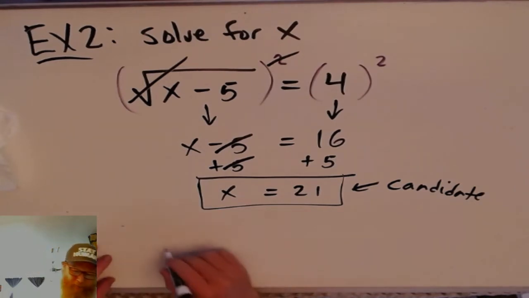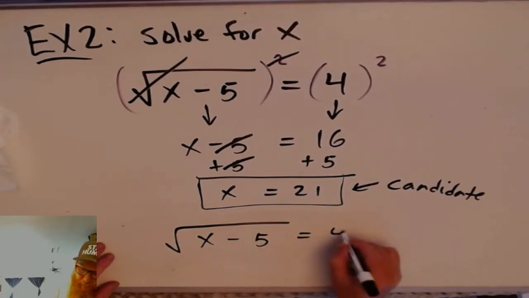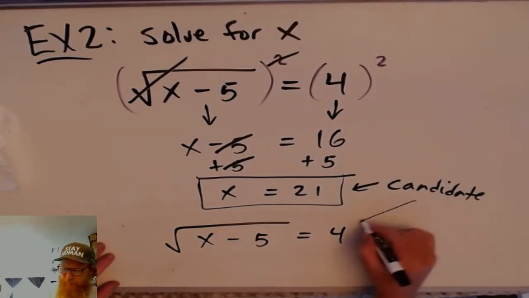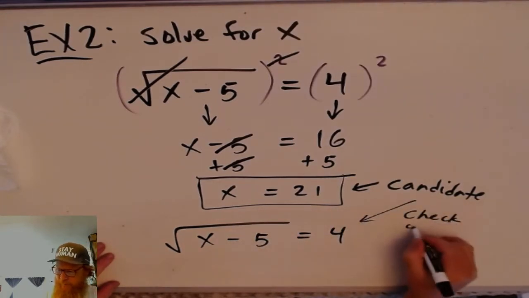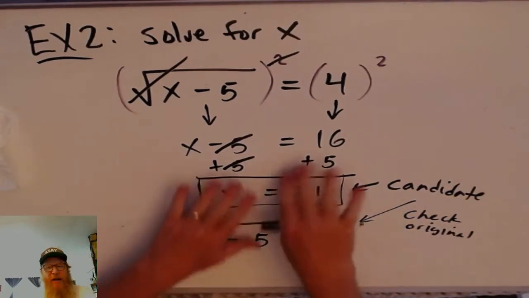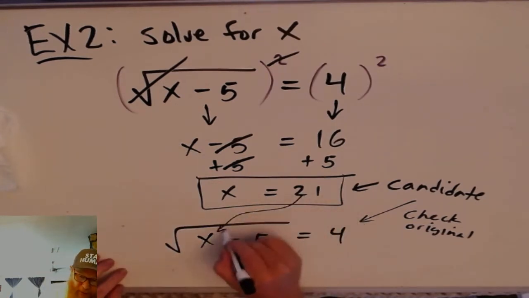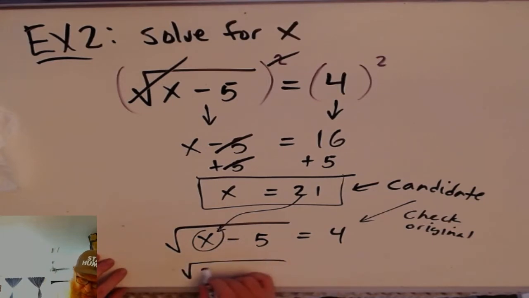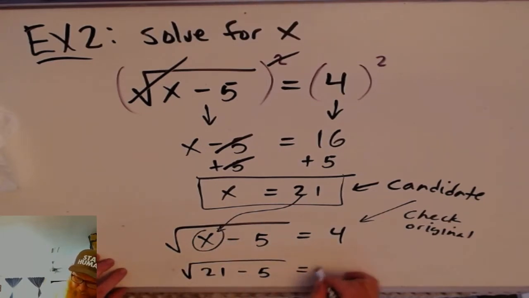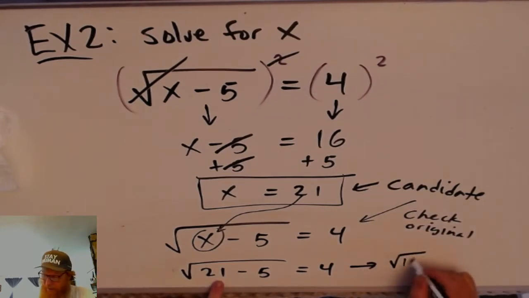Don't trust it. Check it. Use the original. Don't try to check the other version of the problem. Check the original problem, the way it was written in the problem. Plug in your candidate for x. 21 minus 5 is 16.